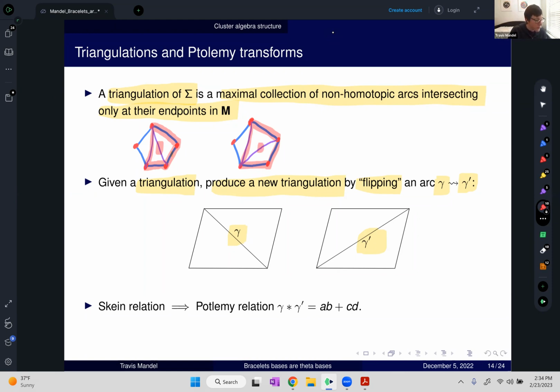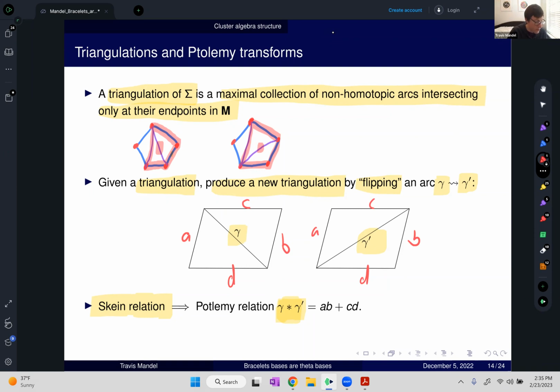Now the skein relation that we saw before gives us this Ptolemy relation: gamma times gamma prime is equal to, where I have to write what A, B, C, and D are, A times B plus C times D. That's immediately from the skein relation.